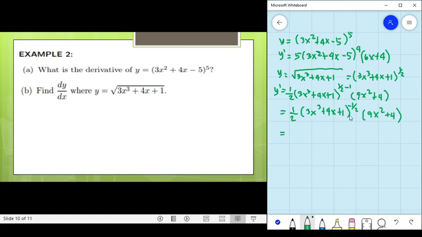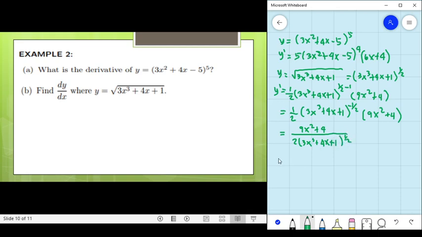Since this is a square root and its exponent is negative, it would be nice to make the exponent positive, so we put it in the denominator. So our answer now is 9x squared plus 4 all over 2 quantity 3x cubed plus 4x plus 1 to the 1/2.